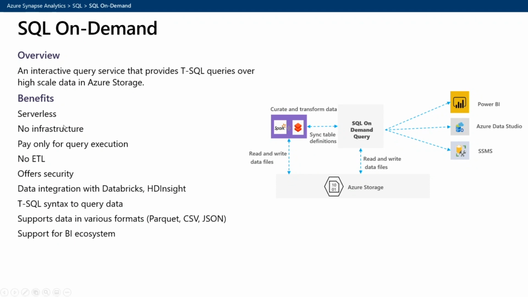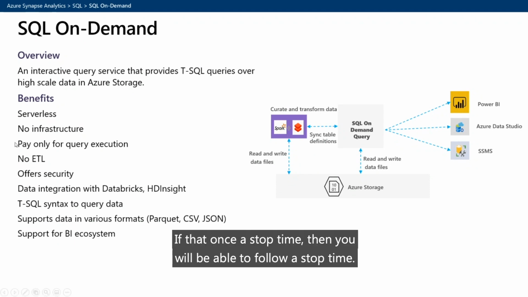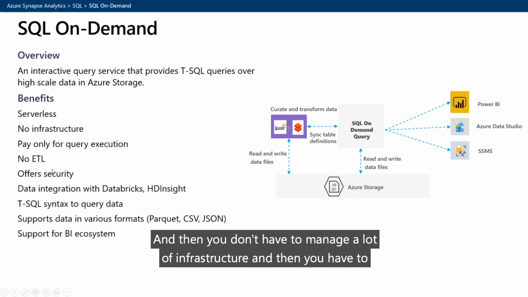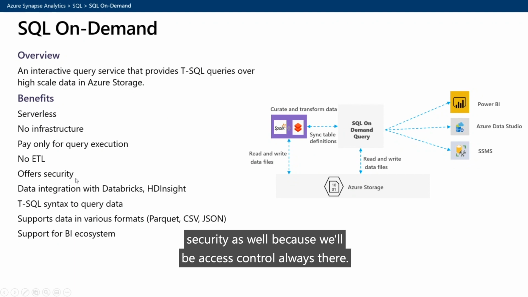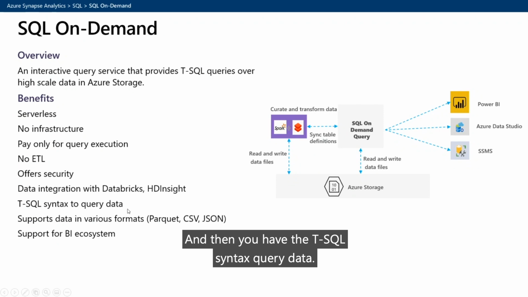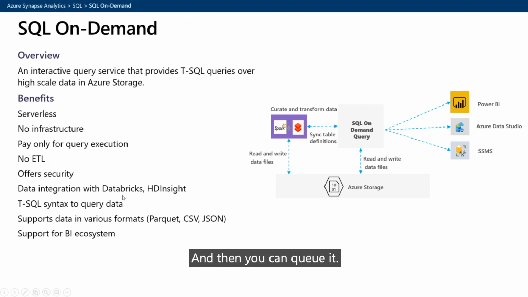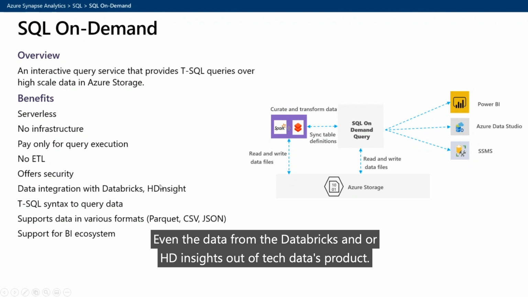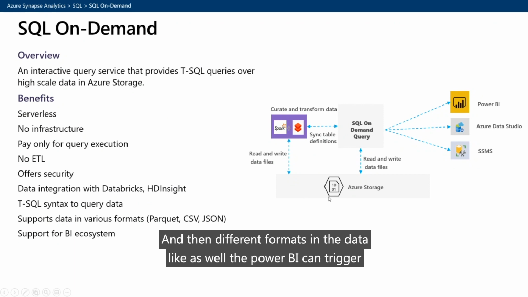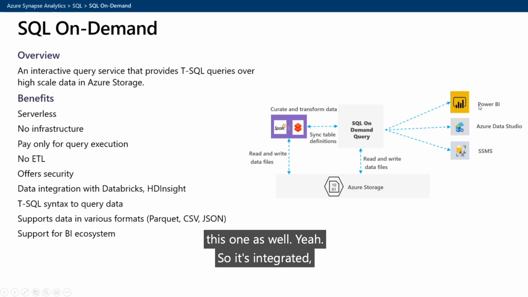If that runs for a short time, then you will be billed for a short time, and you don't have to manage a lot of infrastructure. And then you have security as well, because role-based access control is always there. And then you have the T-SQL syntax to query the data, and you can query even data from Databricks or HDInsight, other big data products, and different formats in the data lake as well. Power BI can trigger this one as well. Yeah, so it's integrated.